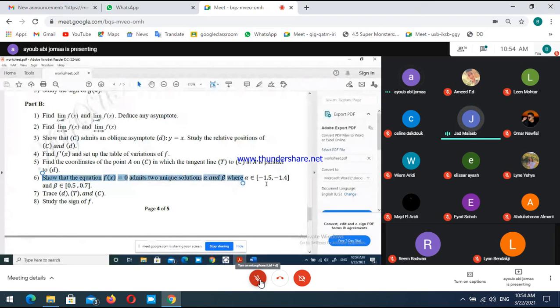It has two solutions alpha and beta. The first solution is in this interval and the second solution is in this interval. Let's clarify one thing before you start solving.